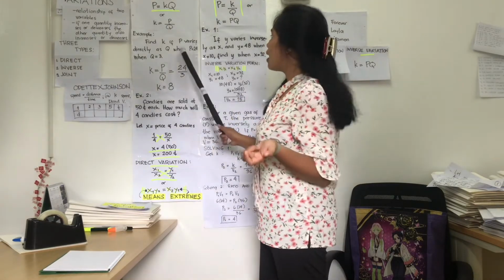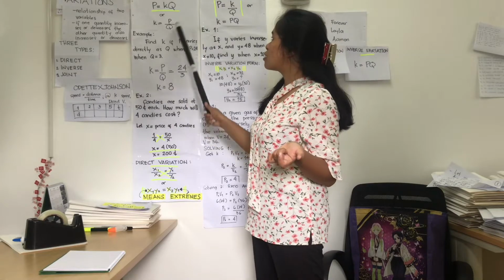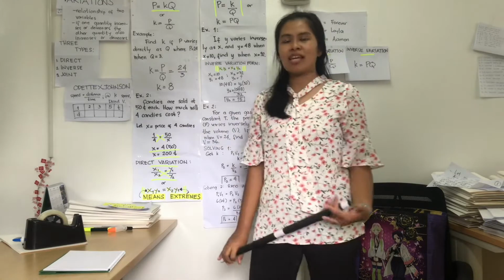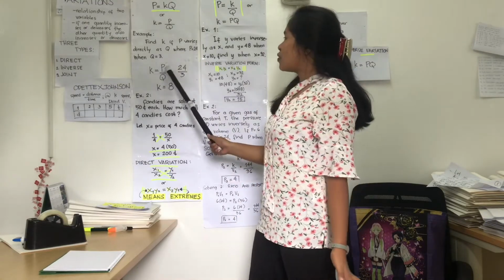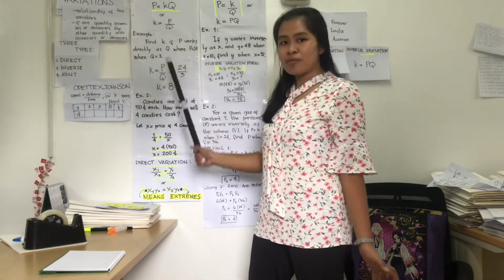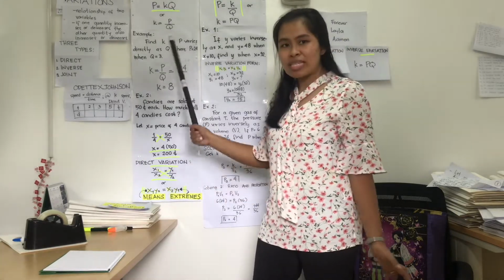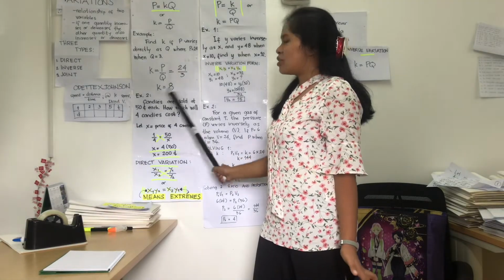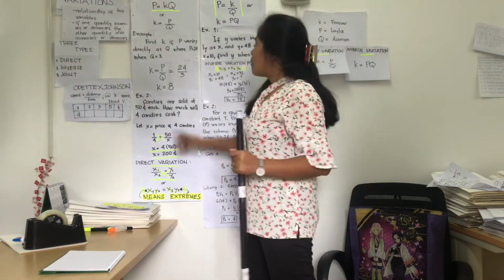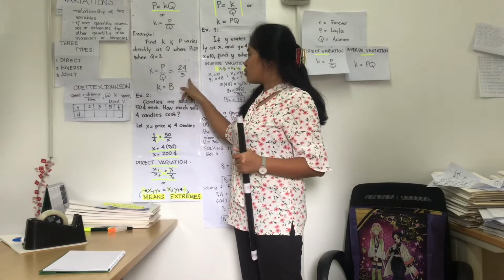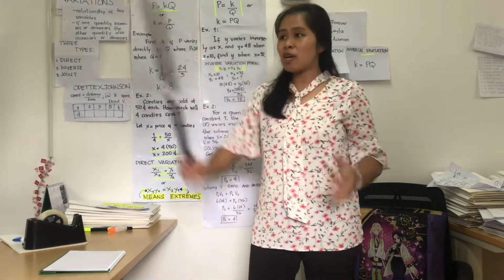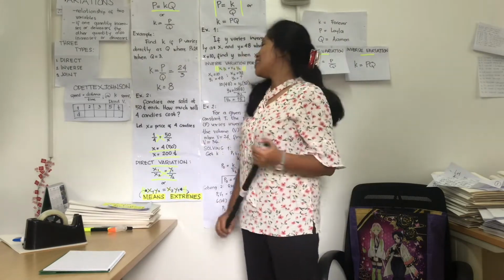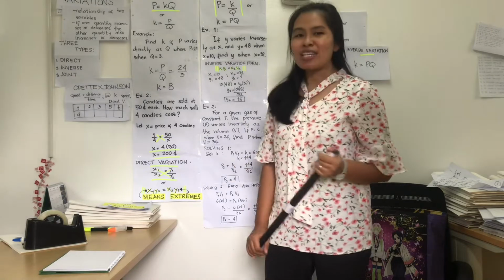So we are given the values of P and Q, and we are asked to find the constant K. We put this formula here and input the given numbers, P and Q, and then we get the letter K, which is the constant. So P is equal to 24 and Q is equal to 3. So 24 divided by 3 is how much? Number 8. So that is how we find the constant K.